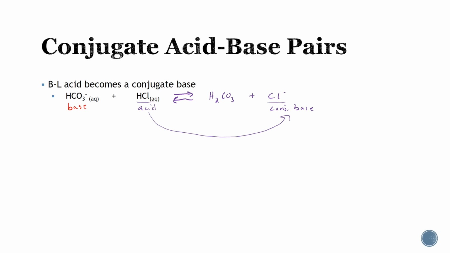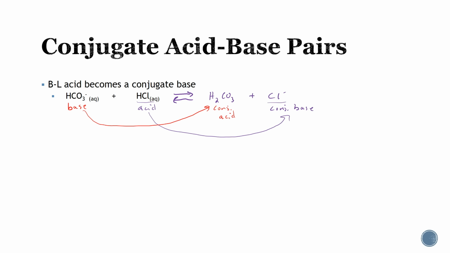Now, the HCO3 minus I labeled as my base up here because it accepted the hydrogen in this interaction. As a result, because we're calling this the base, on the other side of this equation we're going to call that the conjugate acid.